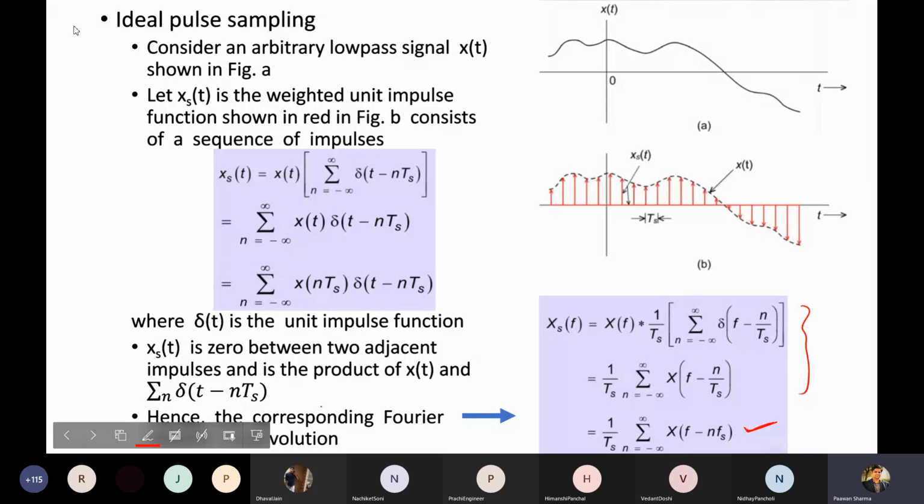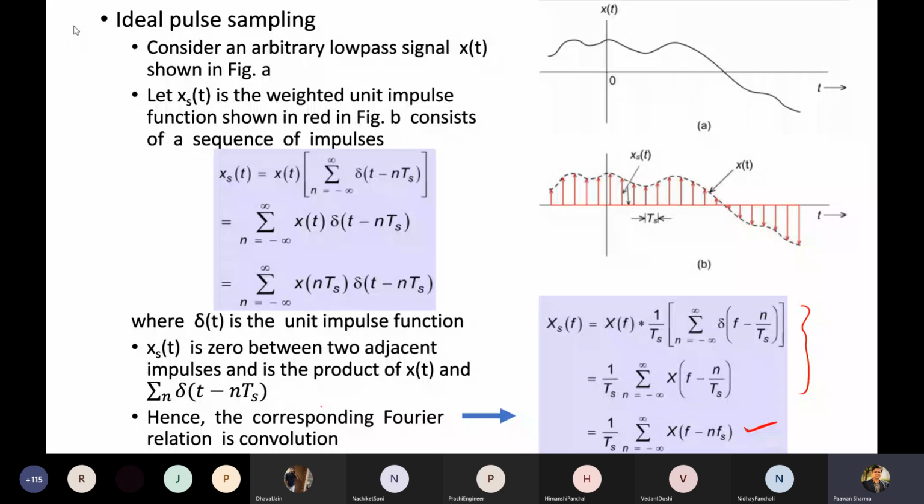So the corresponding Fourier, or frequency domain, representation of this sampling process is nothing but this one. I hope you remember that convolution in the time domain is multiplication in the frequency domain, and multiplication in the time domain is convolution in the frequency domain.